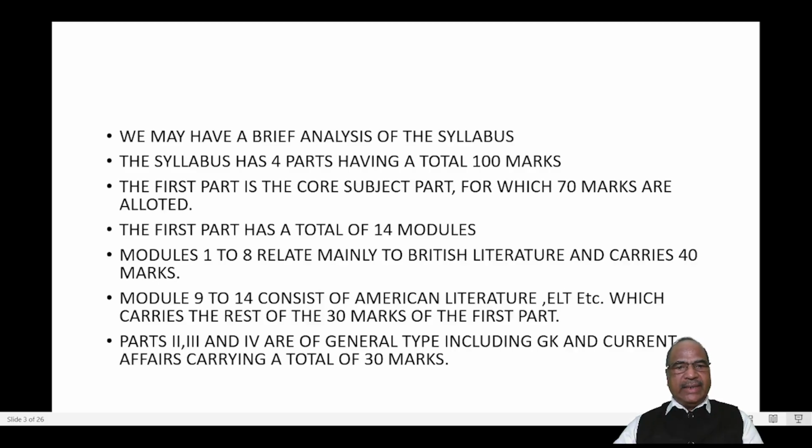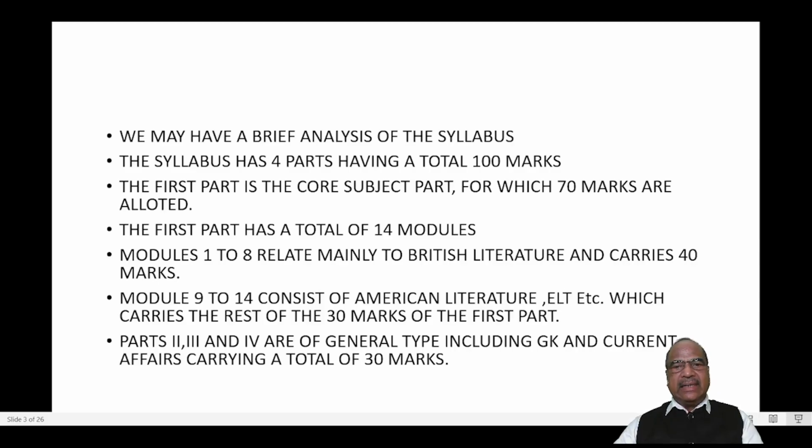Modules 1 to 8 relate mainly to British literature and carry 40 marks. Modules 9 to 14 consist of American literature, English language teaching, research, etc., which carry the rest of 30 marks of the first part. Parts 2, 3 and 4 are of general type, including GK and current affairs, carrying a total of 30 marks.